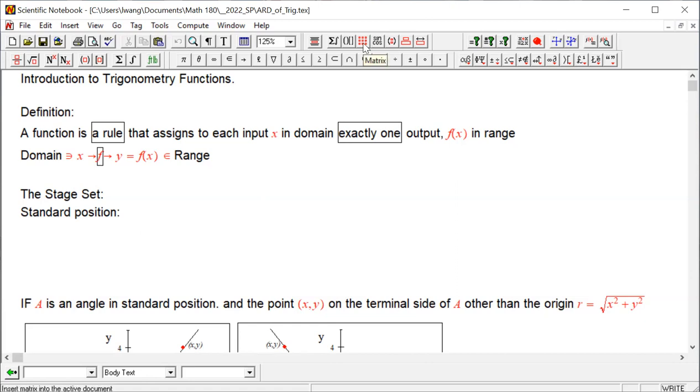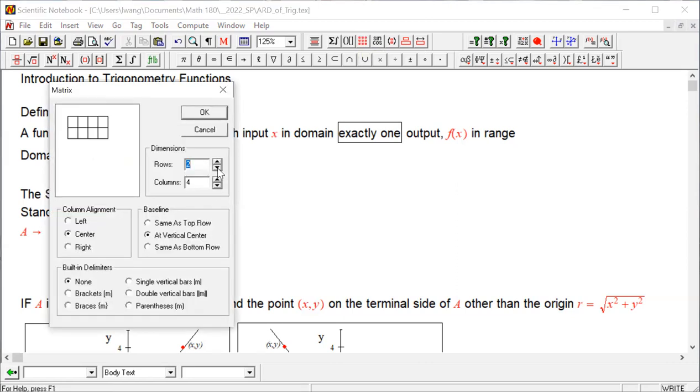sine, cosine, tangent, cotangent, secant, cosecant. They are all functions and they take input. This could be an input for sine, for example, or it could be any one of these functions.